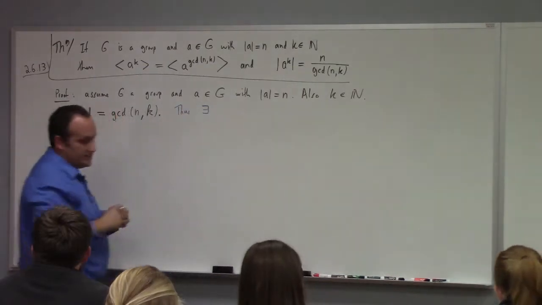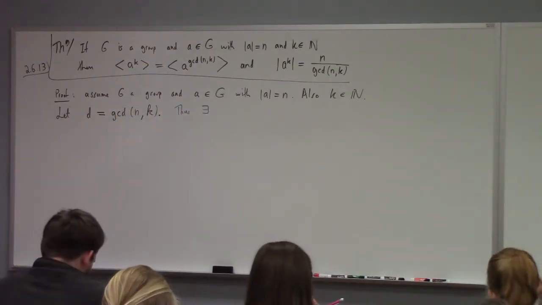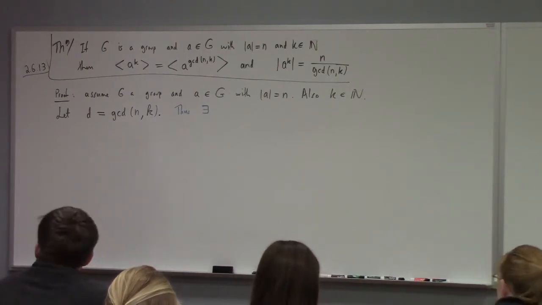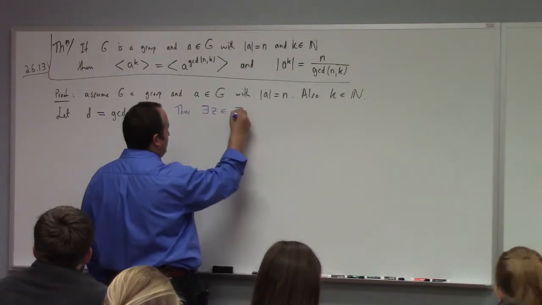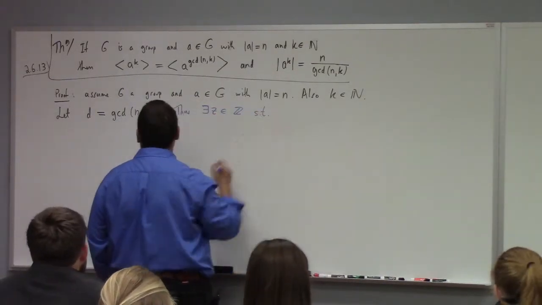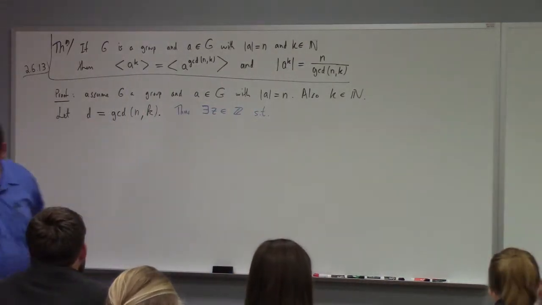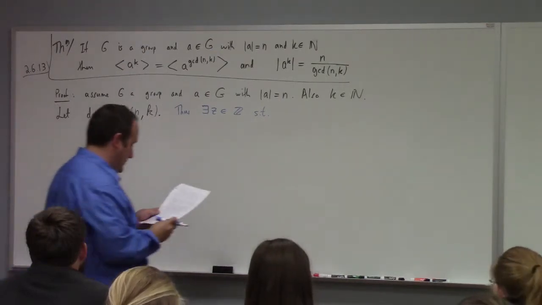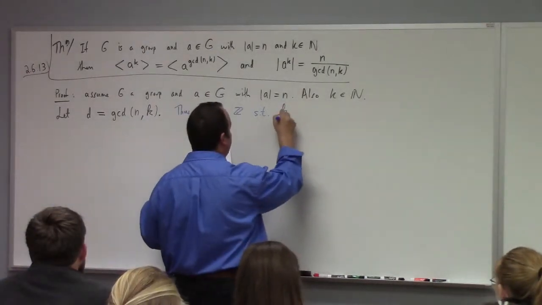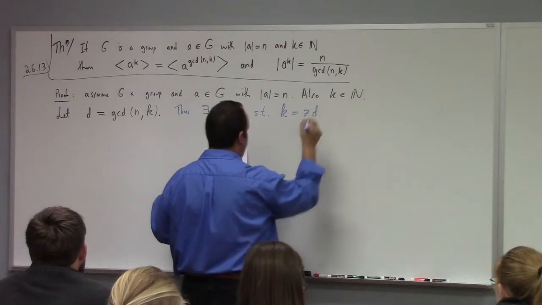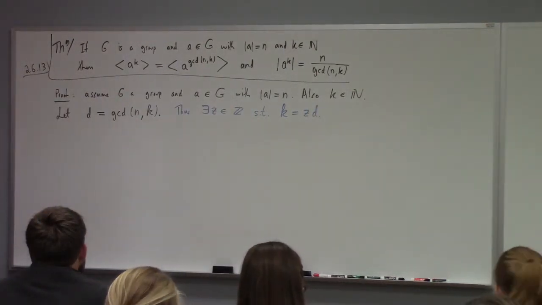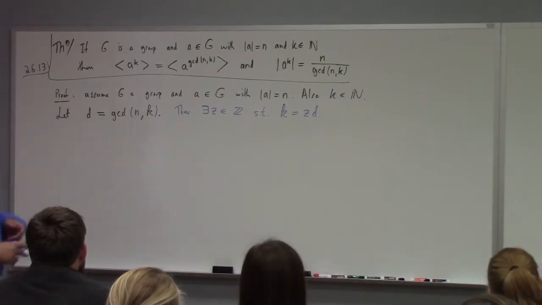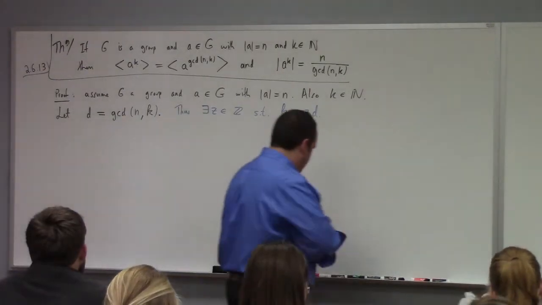For the purposes of my proof, I need to notice that there exists a z in the integers such that k is equal to zd. All right. Now, what we're trying to do right now is to prove the equality of two sets. So what's our game plan?